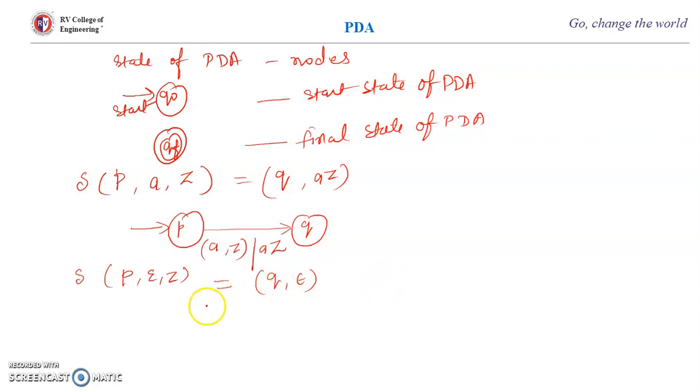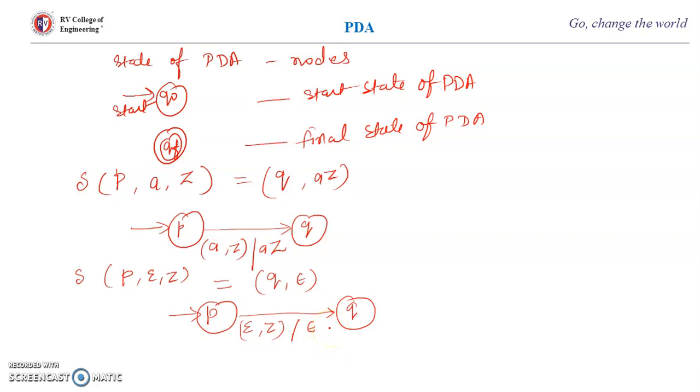This P is the first state and Q is the next state, and then here if I give epsilon and the stack content is Z, what operation are we going to perform? We are going to pop, so epsilon.